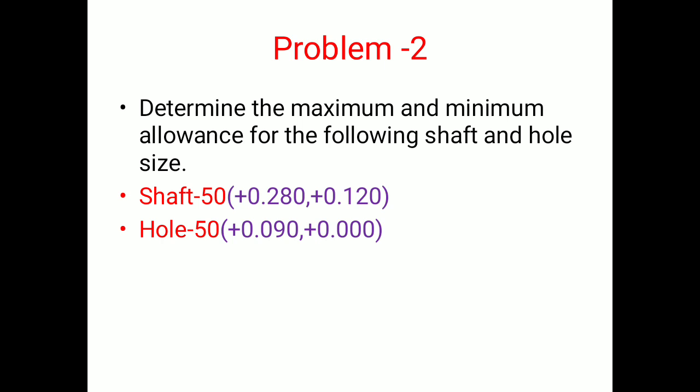The maximum size for the hole will be 50 plus 0.09, that is 50.09, whereas the minimum size for the hole will be 50. You can see here that the system of tolerances used for both the shaft and the hole is unilateral, since both the deviations are plus 0.28 and plus 0.09. Now we will proceed towards the solution.